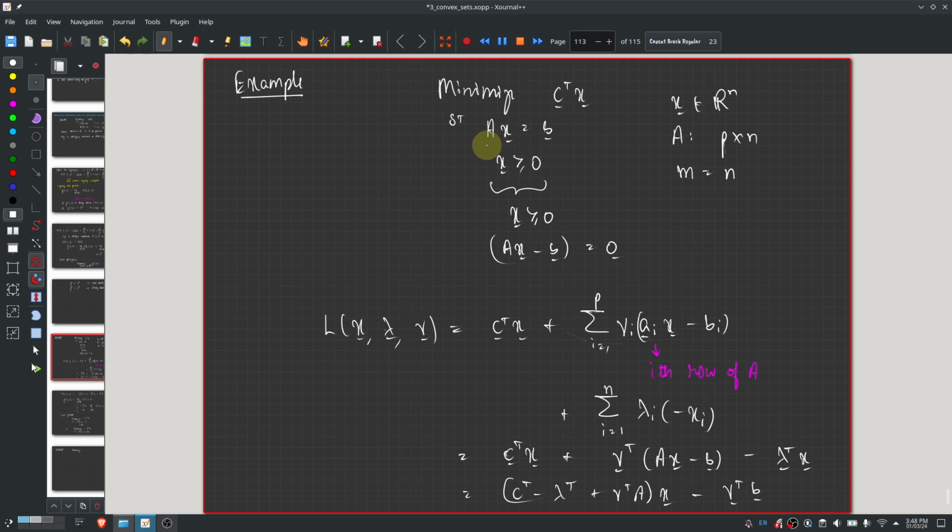Now, I agree with your point that the actual number of constraints could be larger than n, but you should be able to reduce it to fewer than n constraints, because ultimately all of this depends on the rank of A, and the rank of A can only be less than or equal to n. If A is in fact full rank and invertible, then this would have exactly one solution. So there's nothing to solve at all. It becomes interesting only when you have infinitely many solutions, right?